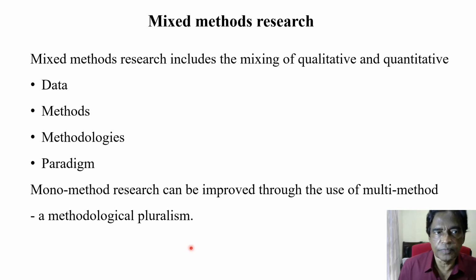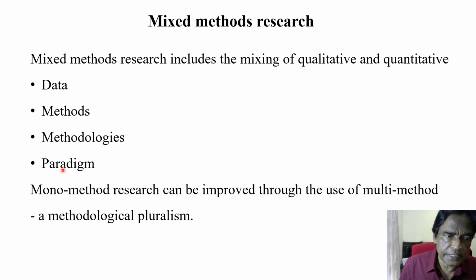But now, this method is gaining more popularity. Instead of relying on one method, why not we marry the two? So mixed method includes mixing quantitative and qualitative. The data, methodology, paradigms, they differ between the two, qualitative and quantitative.